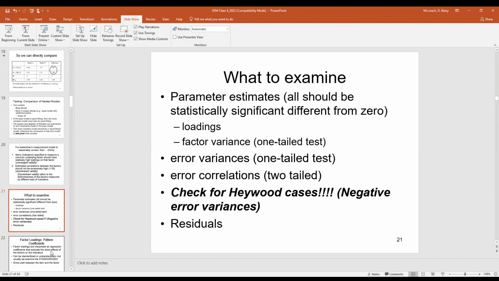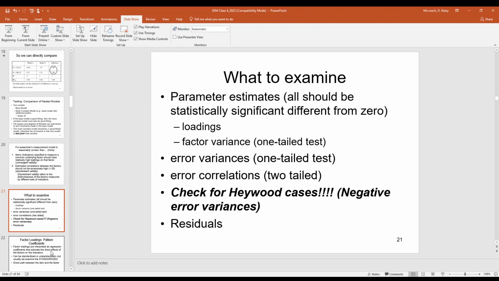Obviously, if a factor loading isn't statistically significant, it's telling you that that factor doesn't predict that indicator, right? That's not a great indicator then. And that's, again, a rock bottom minimum. I'm not saying that should be your threshold for what's high enough, but I'm just saying, of course they should be statistically significant.